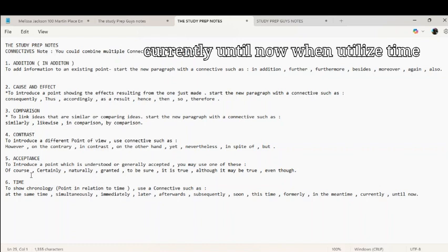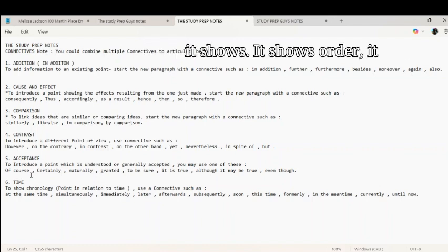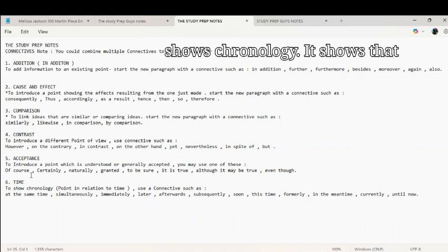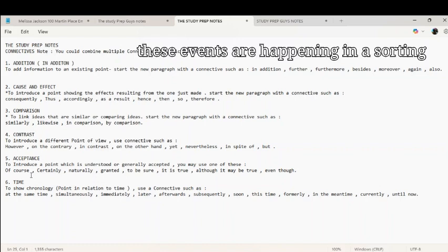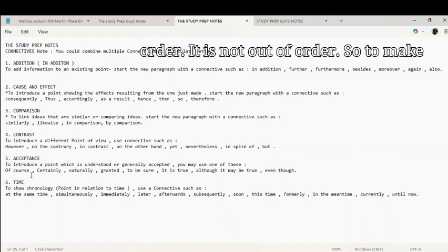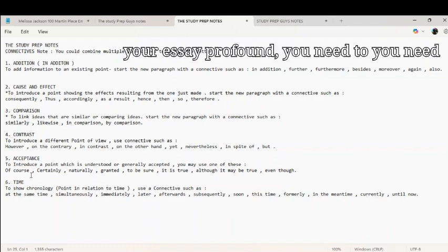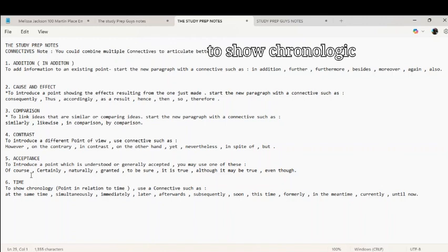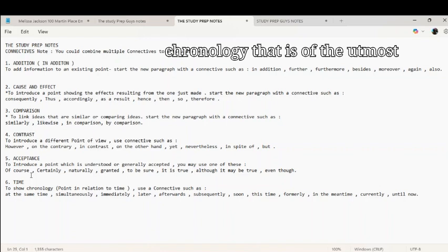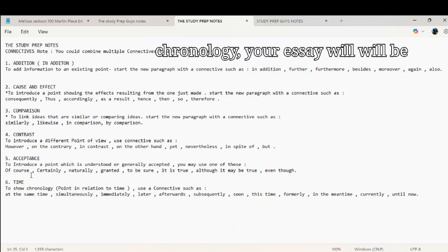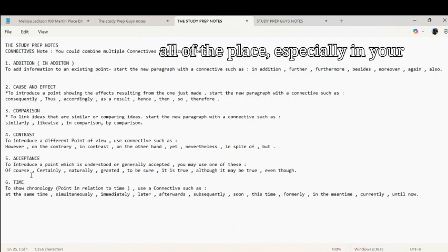When you utilize time, it shows order, it shows chronology, it shows that these events are happening in a certain order. It is not out of order. So to make your essay profound, you need to show chronology. That is of the utmost importance. If you do not show chronology, your essay will be all over the place, especially in your story writing.